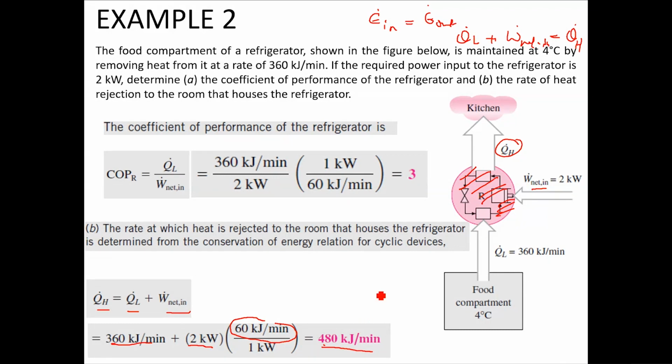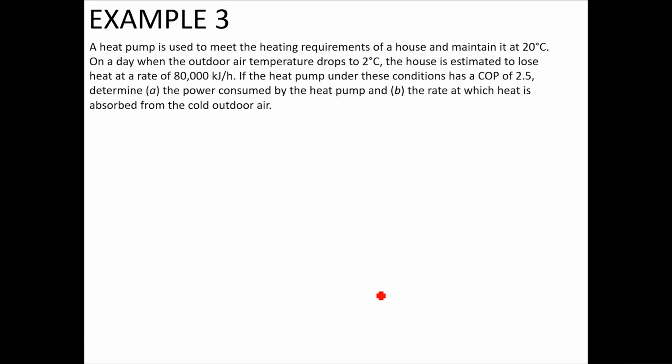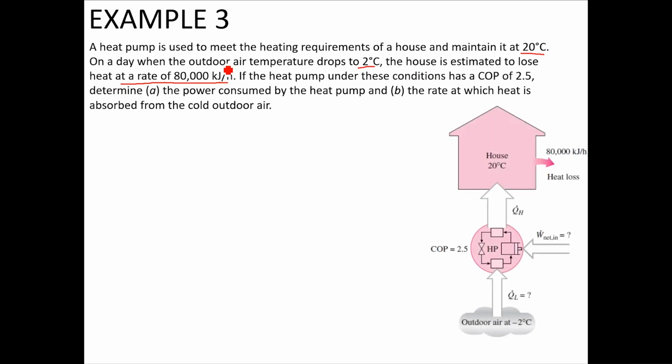All right, good. Now, another example which is related to heat pumps. It says that a heat pump is used to meet the heating requirements of a house and maintain it at 20 degrees centigrade. On a day when the outdoor air temperature drops to 2 degrees centigrade, the house is estimated to lose heat at a rate of 80,000 kilojoules per hour.